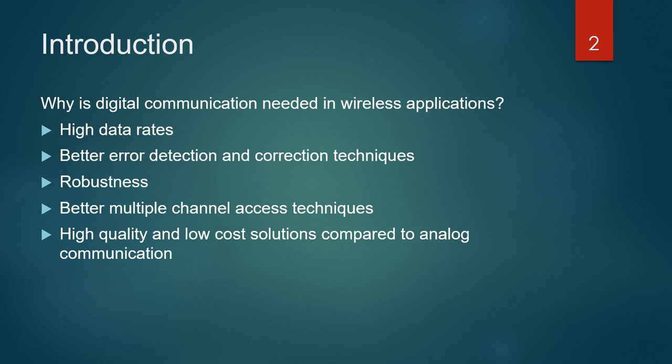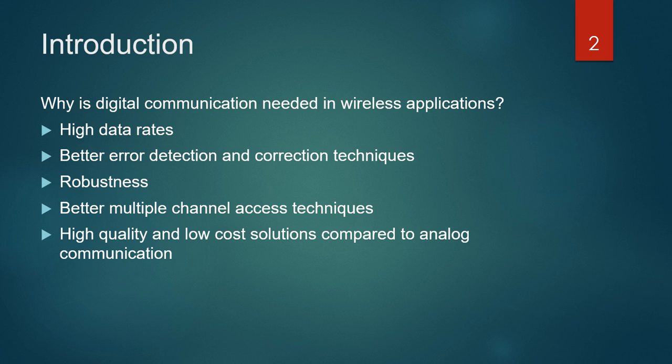There have been a lot of advancements in digital signal processing and in large-scale integrated circuits over many years, and this has led to the development of faster, low-cost, and power-efficient modes of communication. Other reasons, including high data rates, better error detection and correction techniques, robustness of the transmitted signal under varying channel conditions, easier multiplexing techniques, better multiple channel access techniques, etc., have led to the success of digital communication over analog communication.